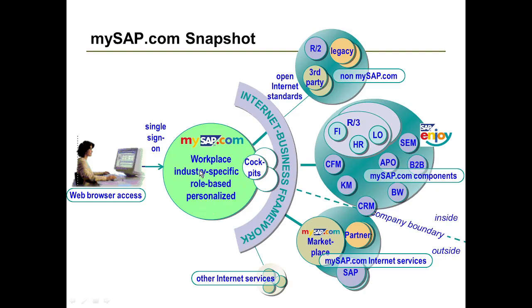So industry-specific, role-based, personalized. Yes, this is your mysap.com suite. Internet business framework completely. If you look at mySAP, what are the things expected? mySAP supports integration of old R2 legacy systems and third party integration.